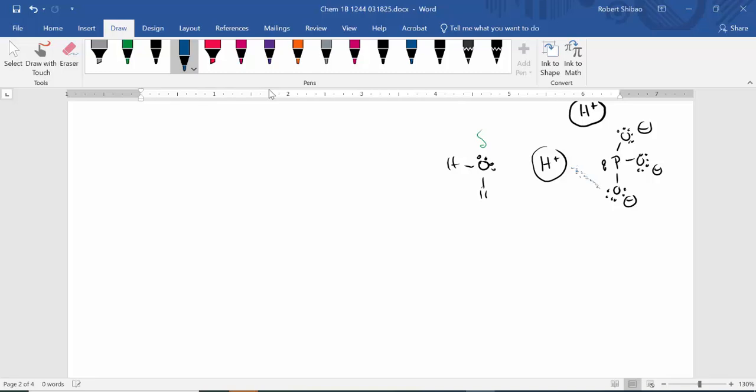So some people put, like in Chem 1A, some people put the hydrogen on phosphorus. The hydrogen does not go on phosphorus. The hydrogen goes on oxygen. Probably should draw this a little differently.